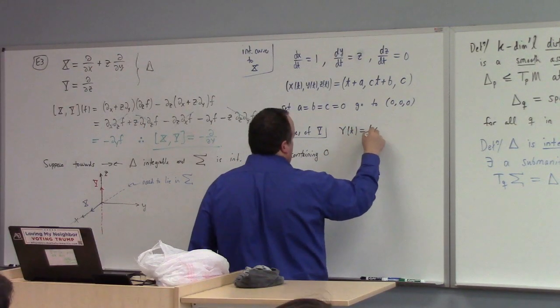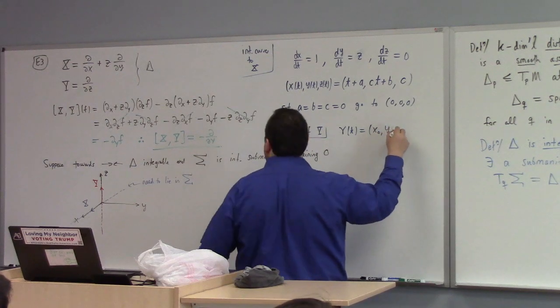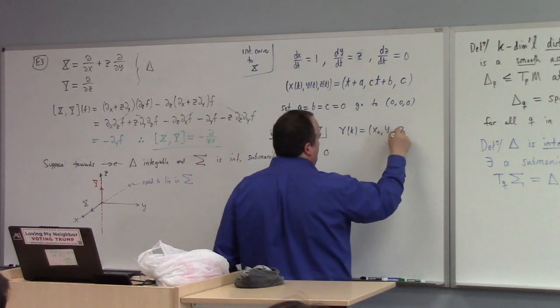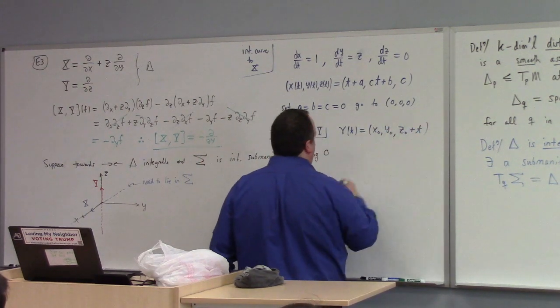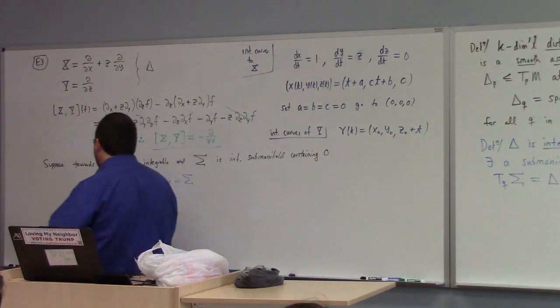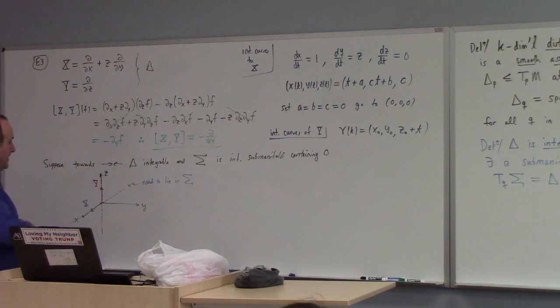Like x naught, y naught, and z naught plus t. He says, so sigma must contain a small area of the xz plane.